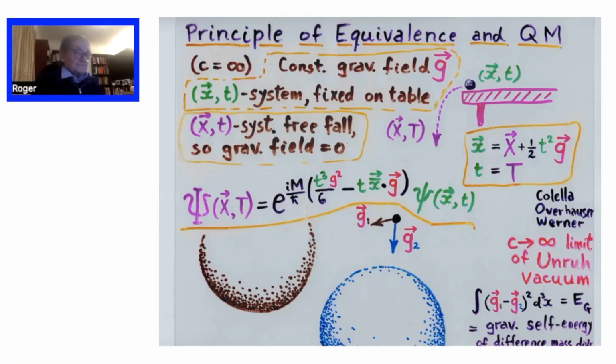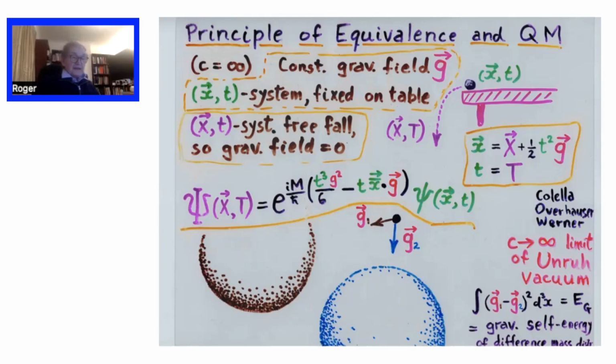It's the integral of the square of the difference between the two different gravitational fields as you go around. And this energy turns out to be the gravitational self-energy of the difference between these two mass distributions in superposition. And I adopt the Heisenberg time-energy uncertainty principle.